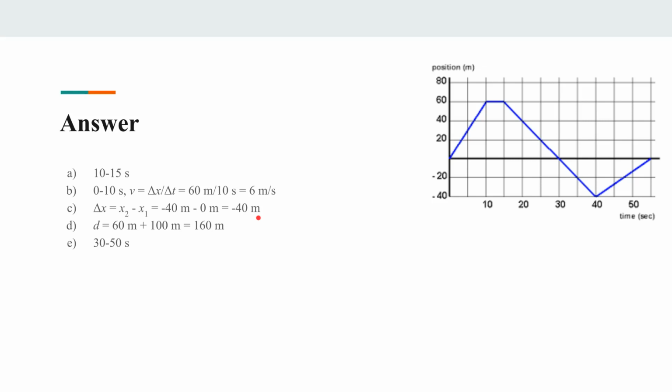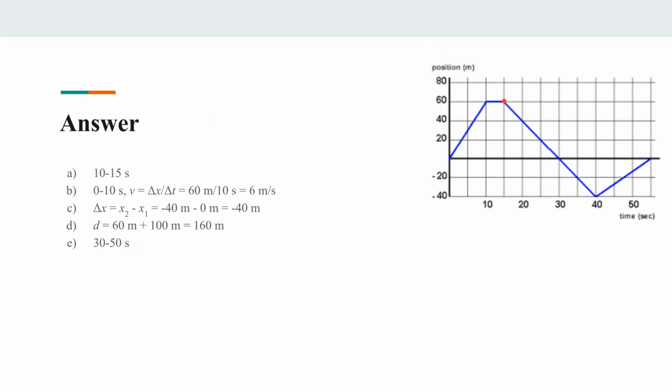Part D asks us to find the distance from 0 to 40. Now, here's where people get confused. They will also say negative 40, but that is not correct. It's the total length this cat has traveled. From 0 to 10, the cat goes 60 meters, so this is our first term.